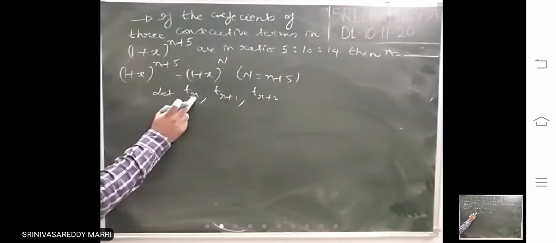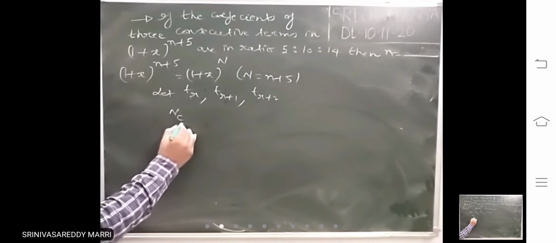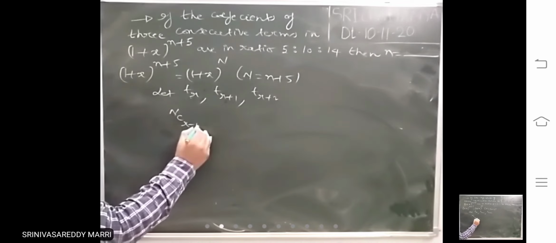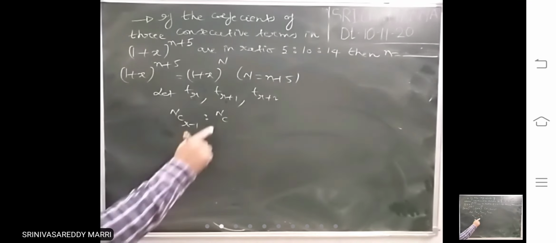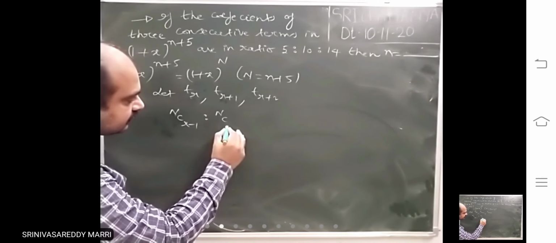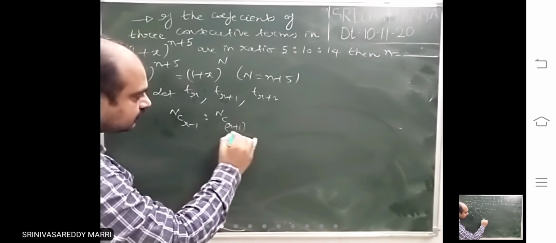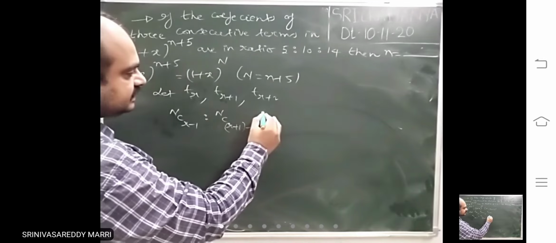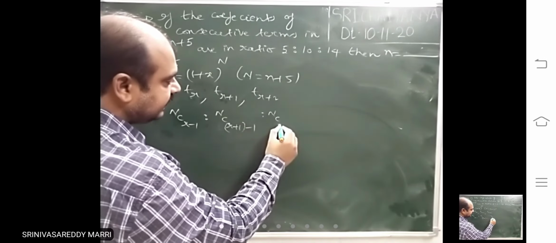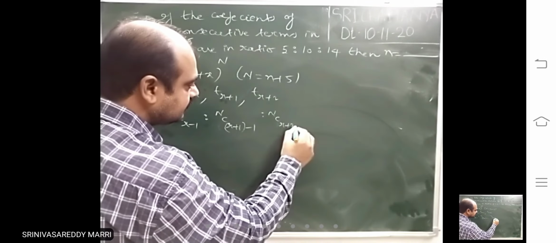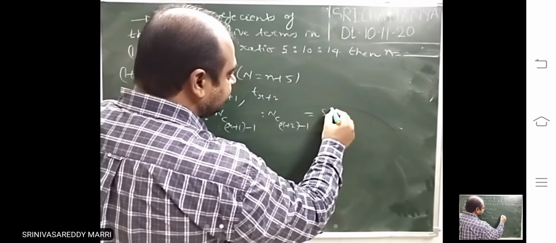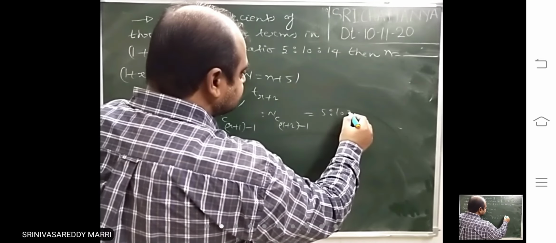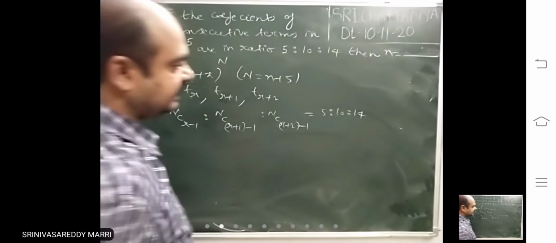Right? Coefficient of x power r, coefficient of Tr is what? I have told the formula. What is that? NCr minus 1 is to NC, here r is r plus 1, minus 1 is to NC r plus 2 minus 1. This is nothing but given 5 is to 10 is to 14.